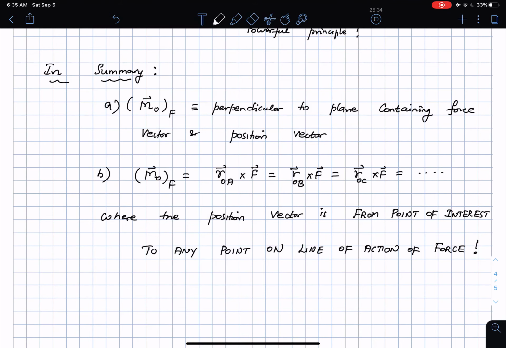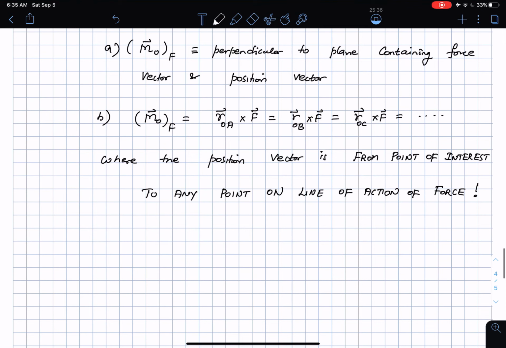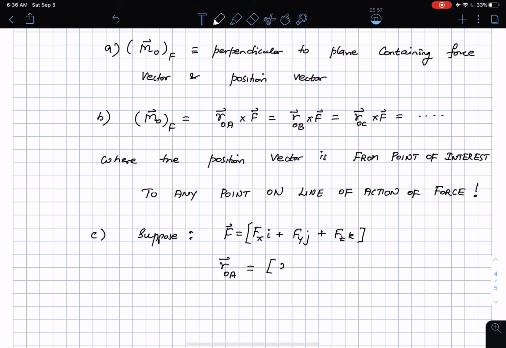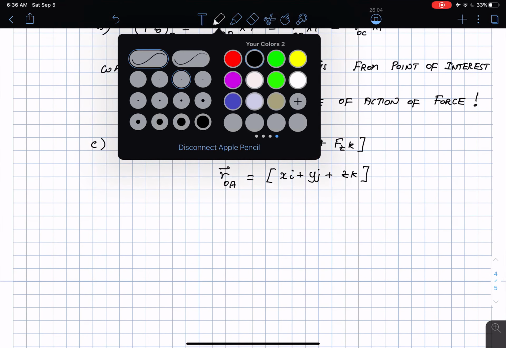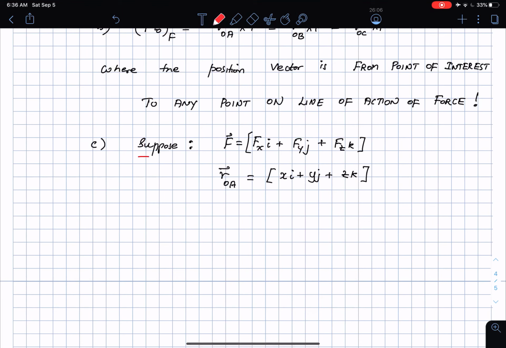Okay, and very last thing, suppose the force F is some Fx i, Fy j, Fz k. And let's say that ROA is some X i, Y j, and Z k. I'm just supposing this to be the situation.